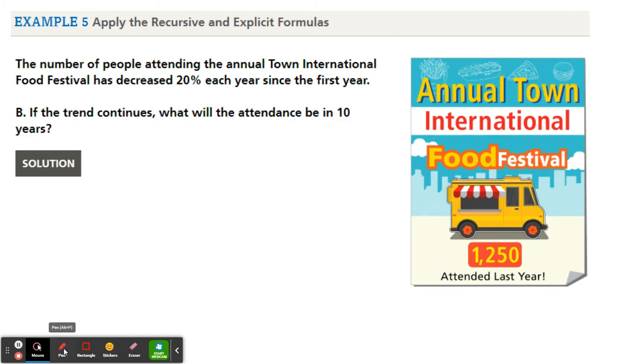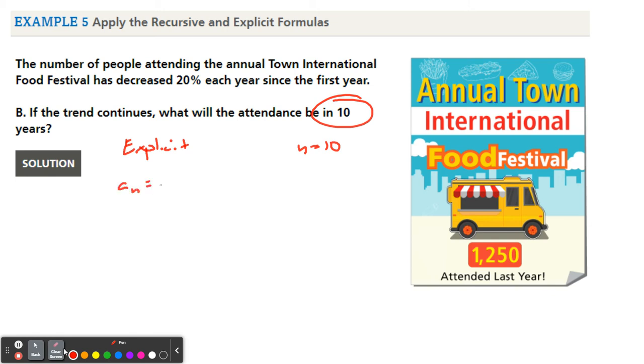Okay, last problem. It says, if the trend continues, what will be the attendance in 10 years? Because they want 10 years, they want n to be 10, so let's go ahead and use the explicit formula, because now we want to jump straight to year 10. Remember, the explicit formula looks like so: a sub n equals a sub 1 times r to the n minus 1.